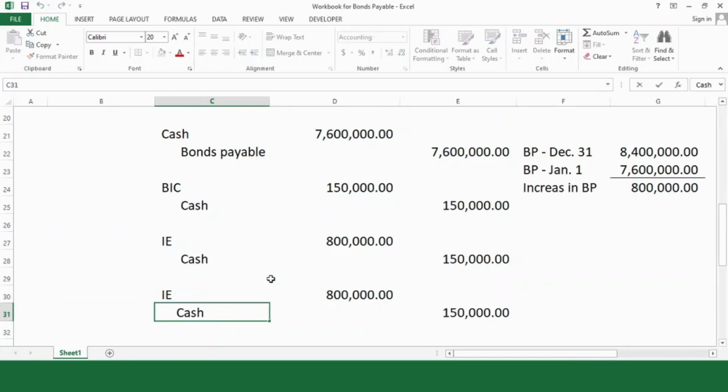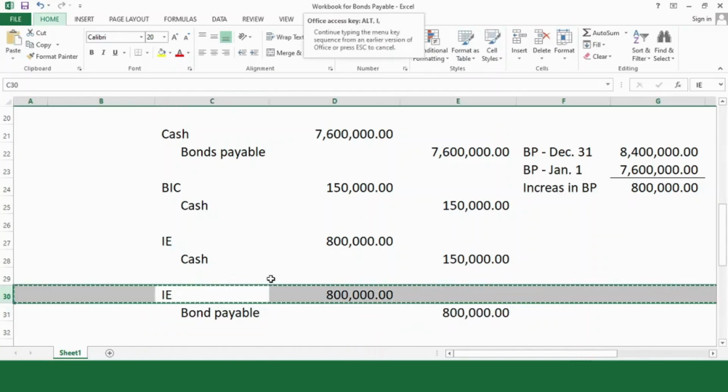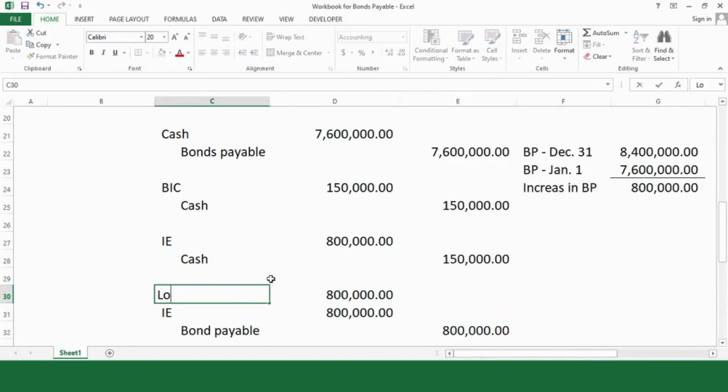Okay, so definitely, meron kang bonds payable dito na entry. Credit. Okay? Magkano yun? 800,000. Now, ano daw ang reason niyan? Dalawa. Okay? So, meron tayo because of credit risk. So, meron kang debit loss on credit risk.